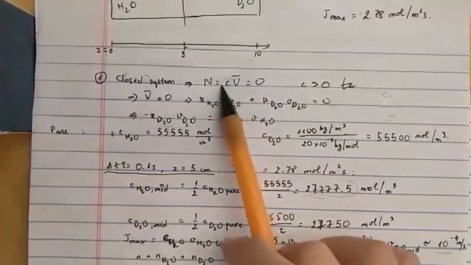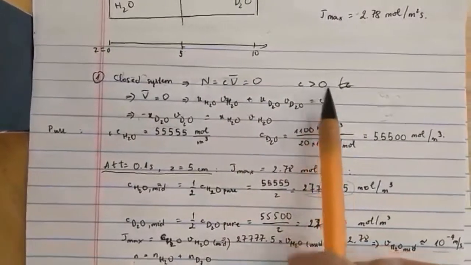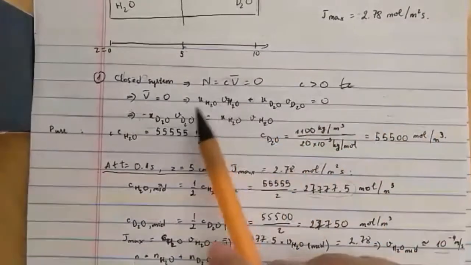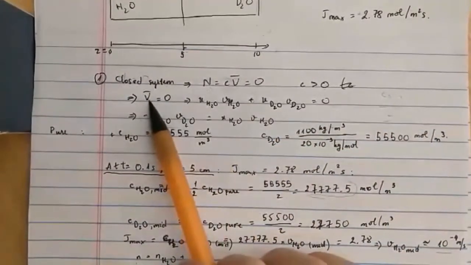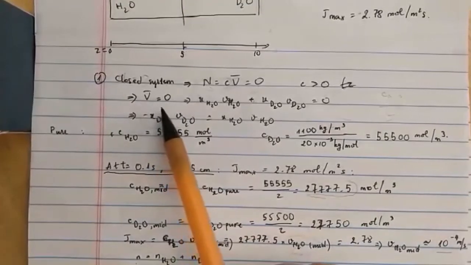The concentration is always greater than 0, so the molar average velocity is 0.